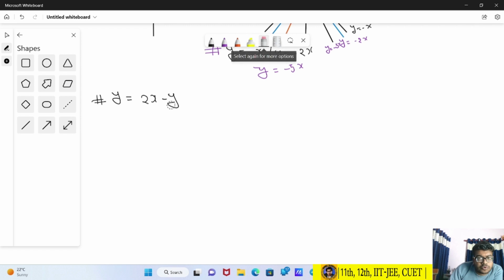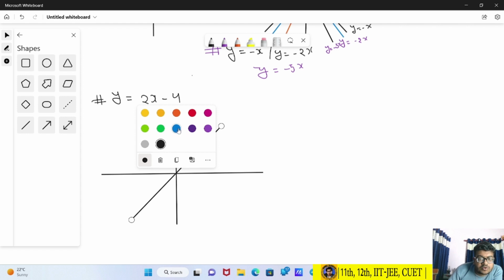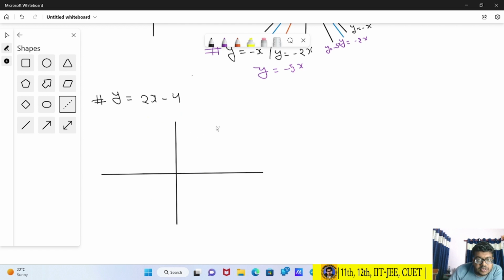First we draw the coordinate axes, and first draw y is equal to x. So this is y is equal to x.